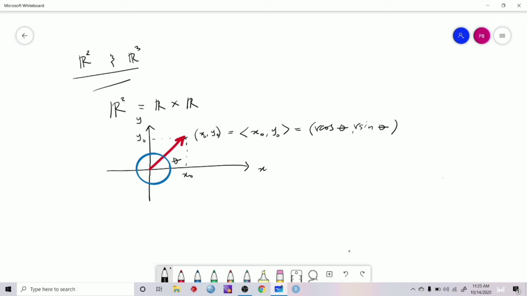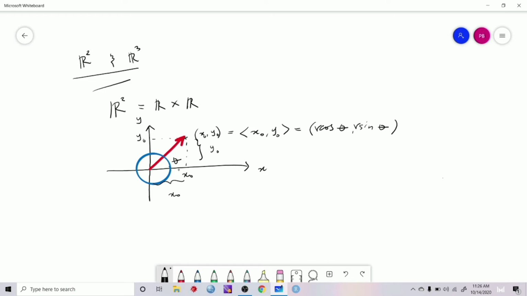If we represent this arrow by a right triangle, as you can see, you form a right triangle wherein this side corresponds to y naught and this side corresponds to x naught.